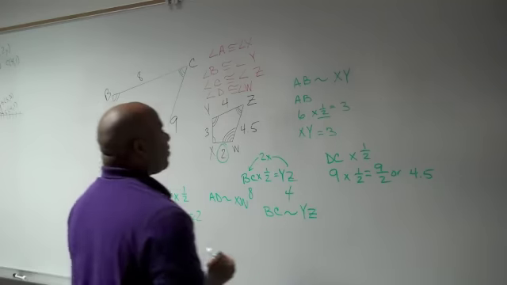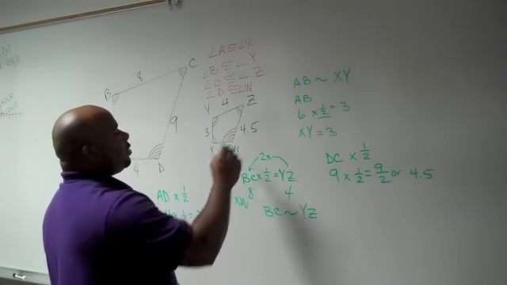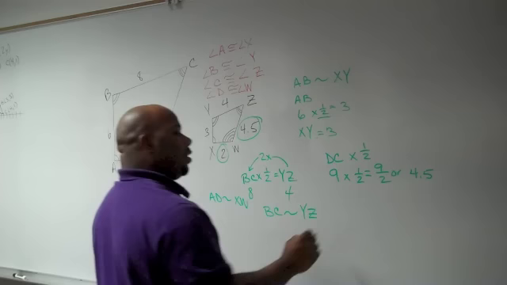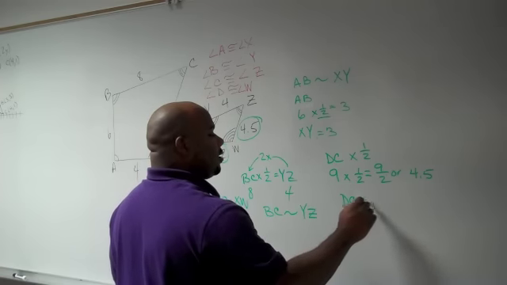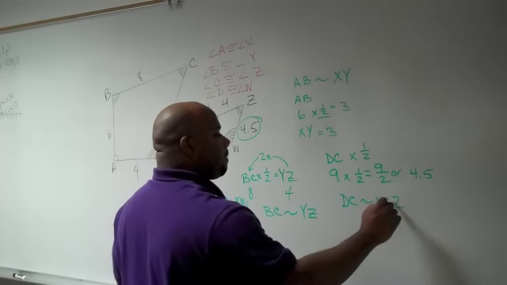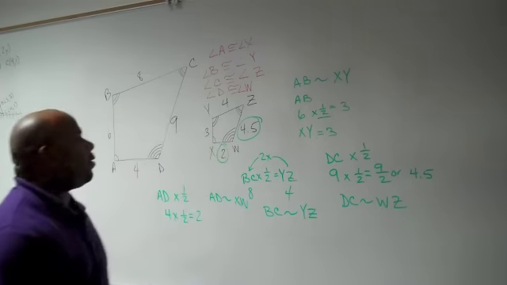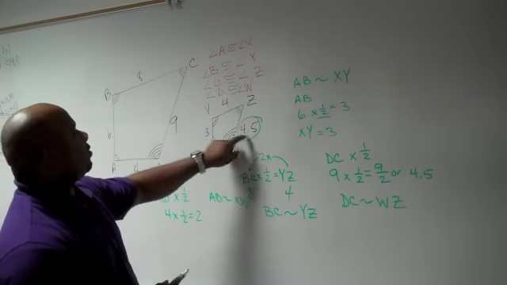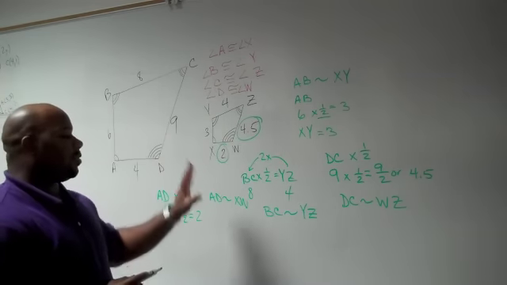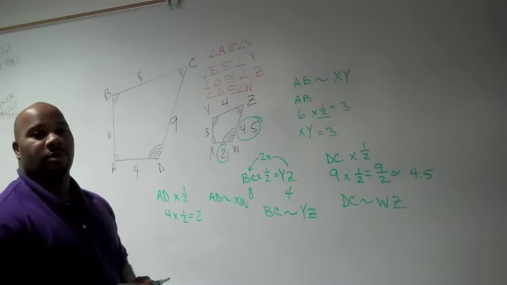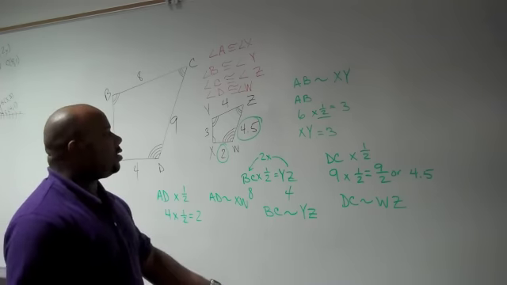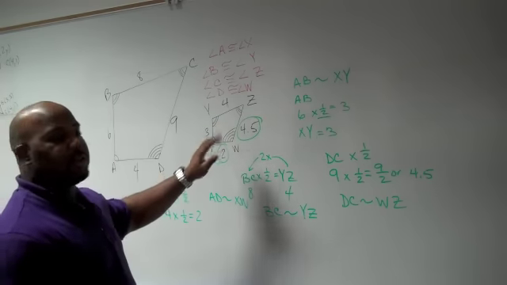And if we look at WZ, WZ is 4.5. This means DC is similar to WZ. Now we know every side is similar because we calculated it, all have the same proportion of 1/2, or 2 if we go in the other direction too, which means that these two figures are similar.